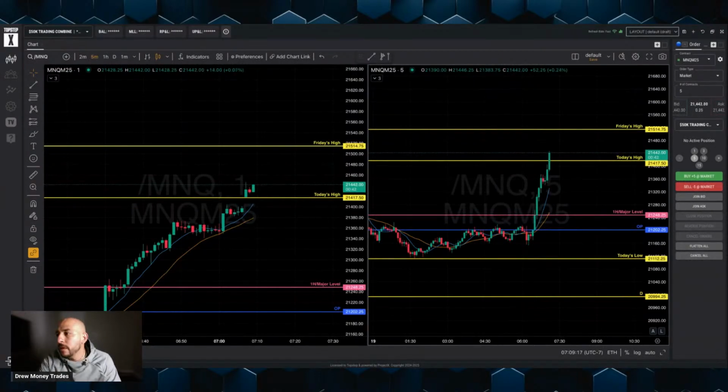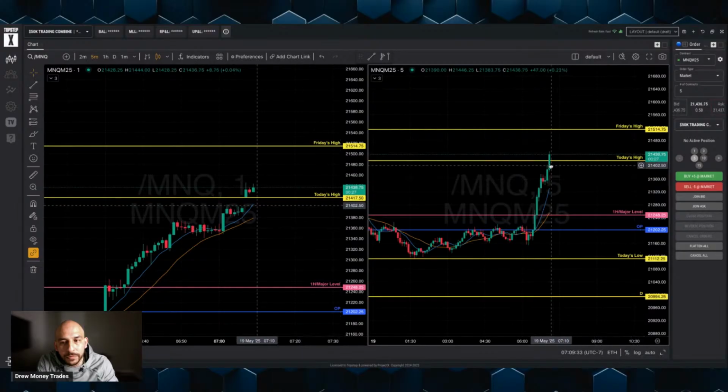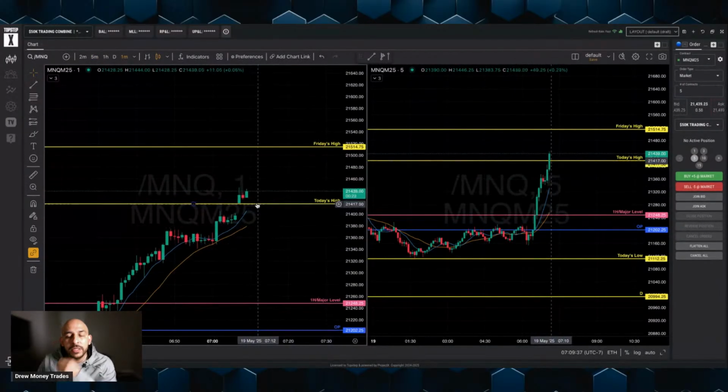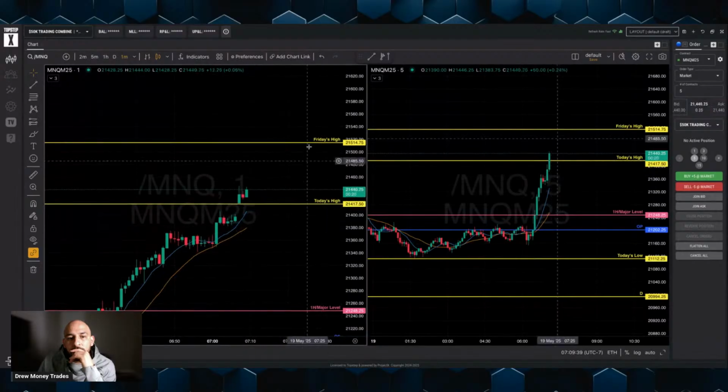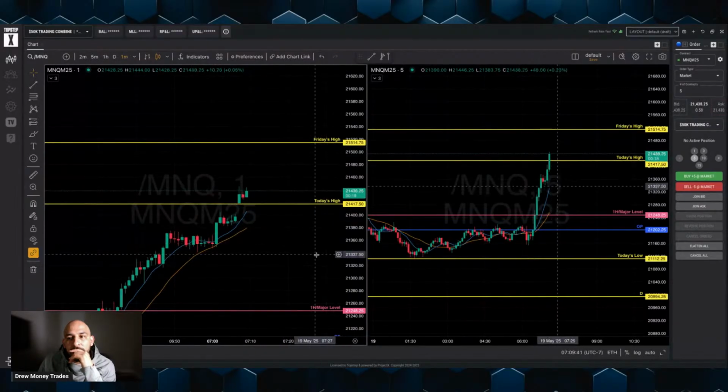Pushing. But this is another trade idea. If the market's holding above today's high off of this 5-minute candle, then I should be going long to Friday's high. And actually, the big four are looking good now.